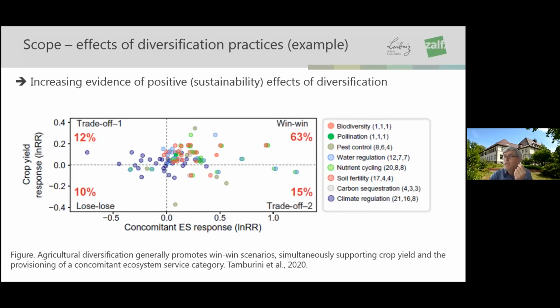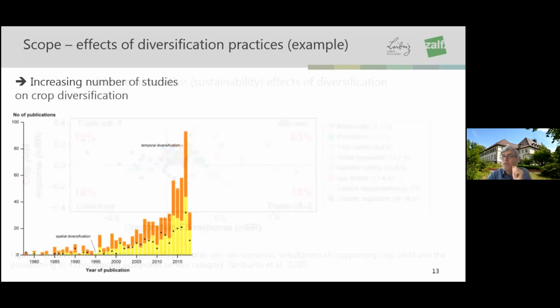And those sort of studies are very interesting to see, and there have been a justification also for us to pursue with the idea of initiating or setting up a landscape experiment in which we explicitly want to study diversification. In general, the number of studies on crop diversification have increased over the years.